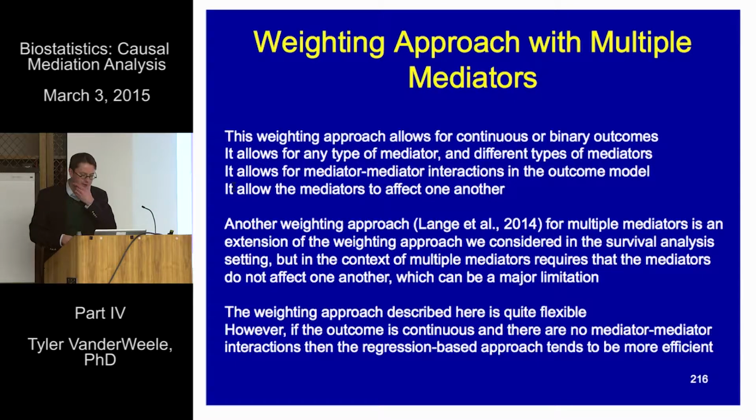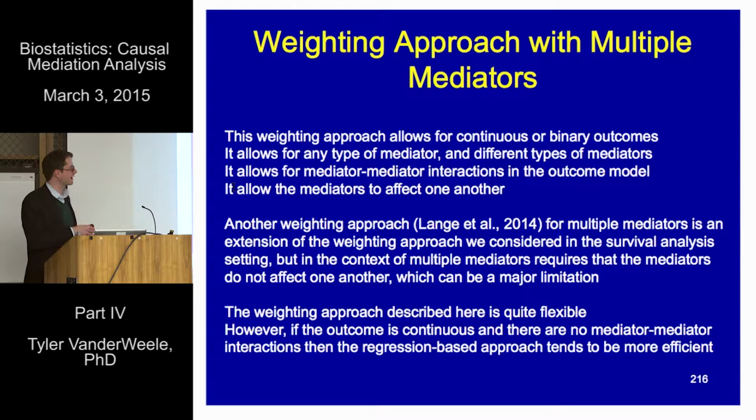There was another weighting approach proposed in the literature for handling multiple mediators, which was pretty similar to the weighting approach we described for the proportional hazards model. But in the context of multiple mediators, it makes the additional assumption that the mediators don't affect one another, which is going to be a strong assumption.